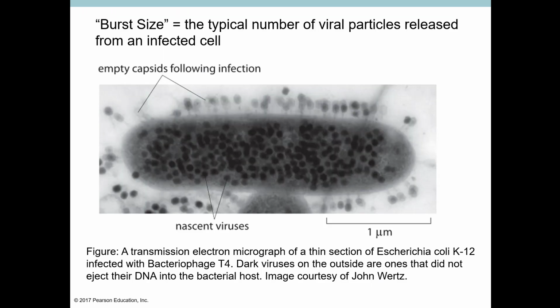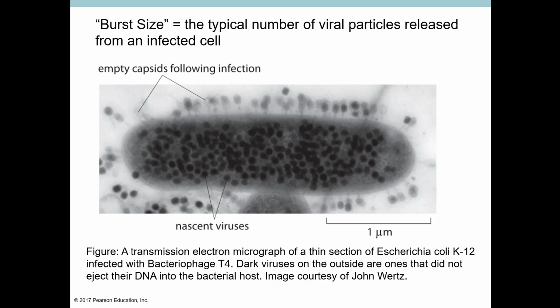So when we think about phage replication, we typically think about what we call burst size, because when one phage infects a cell, it can result in the release of hundreds of new phage from that cell. And so the number of viral particles that would be released from an infected cell during one cycle of the life cycle is called the burst size.